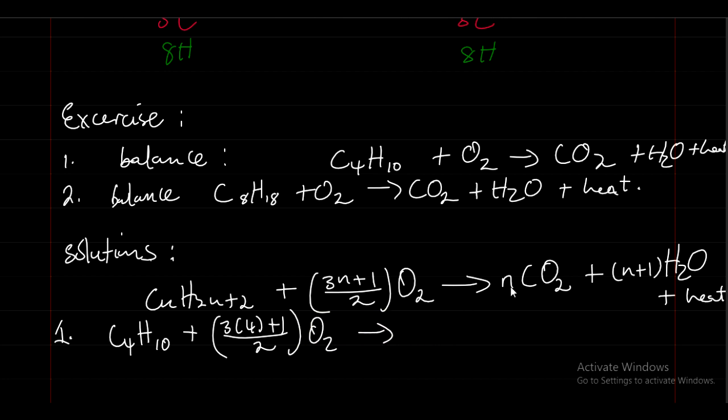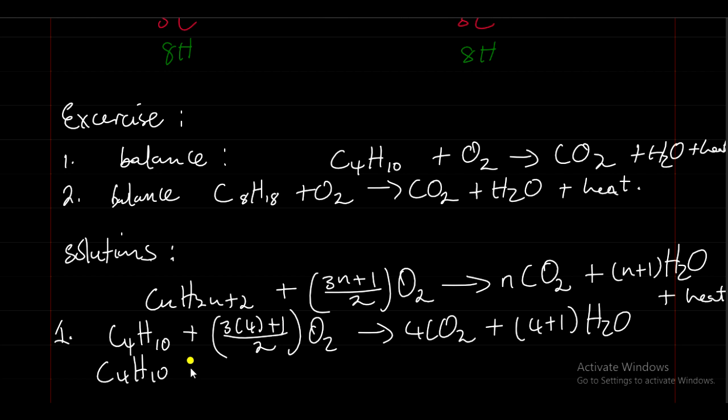Giving, remember n is 4, 4 CO2 plus 4 plus 1 water. So this gives us: 3 times 4 is 12, 12 plus 1 is 13. So here I have 13 over 2 O2, and 4 CO2 plus 5 water molecules.